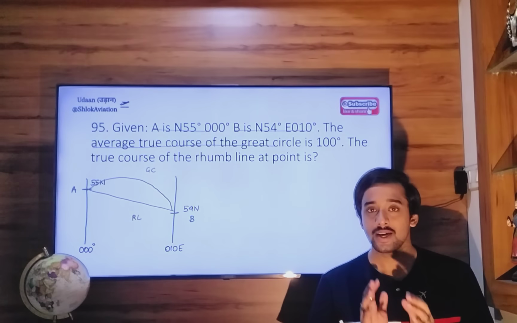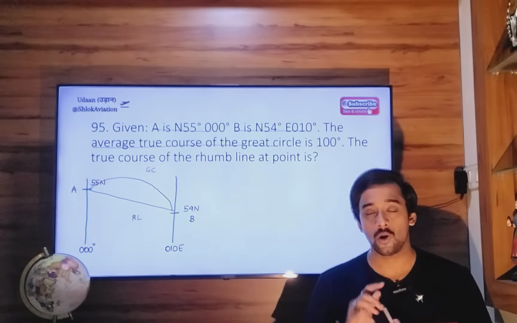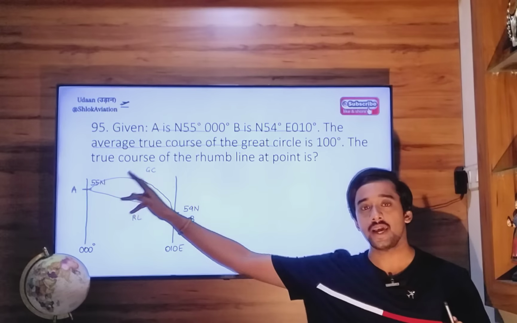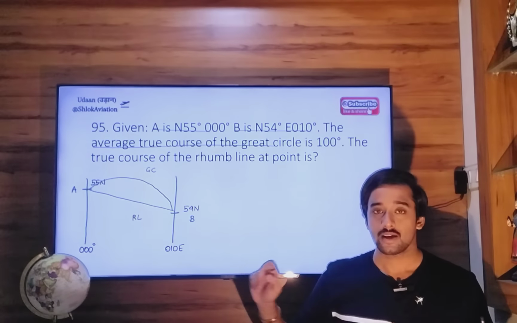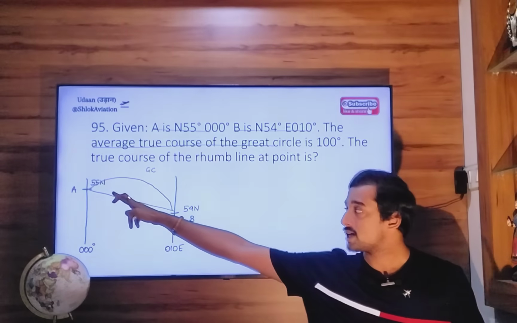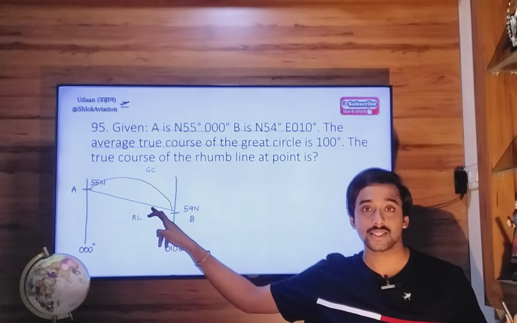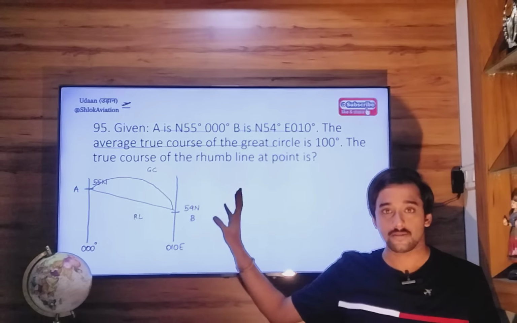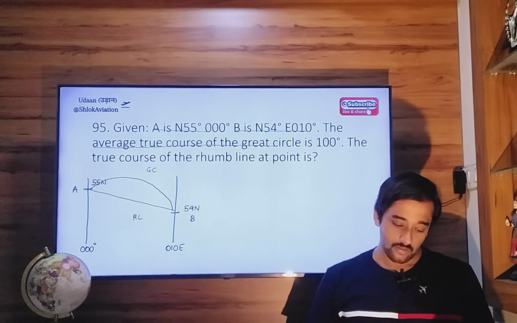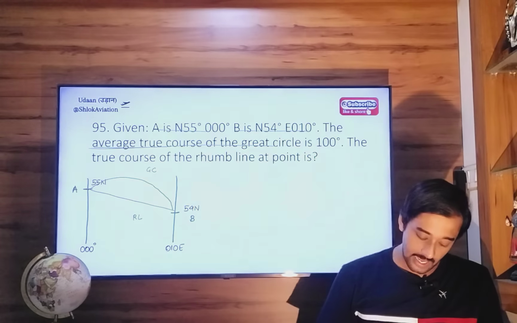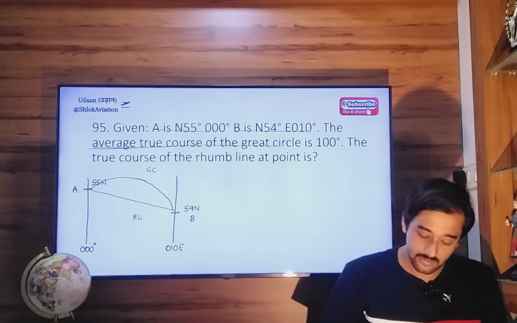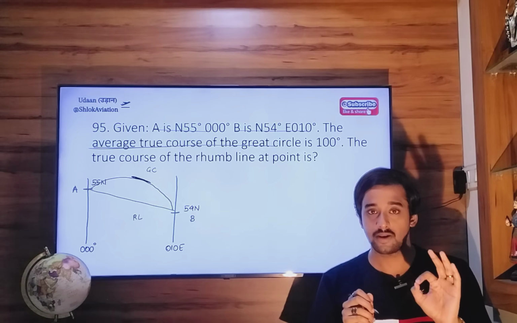Now we all know that the track direction along a great circle will continuously change as you start from point A and arrive at point B. Contrary to this, the track direction along the rhumb line track remains the same from start to end, A to B. The average of this great circle, the average meaning the mean of something, will be somewhere here, the middle part.